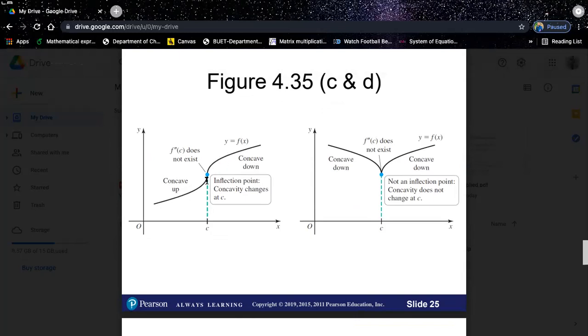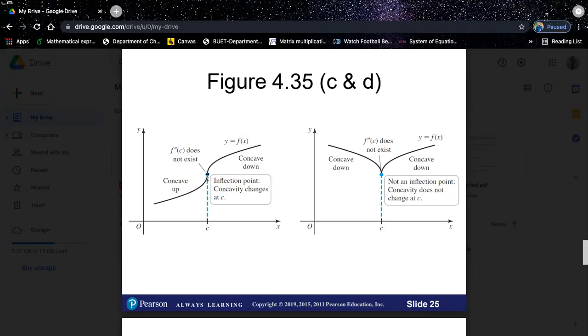So that means at this point, we can clearly see that the function changes its concavity, right? Because the graph says we can trust the graph. Let's say this graph is given, okay? So it's concave up here and concave down here. So that means we can use our definition and say we have an inflection point at this point, C.